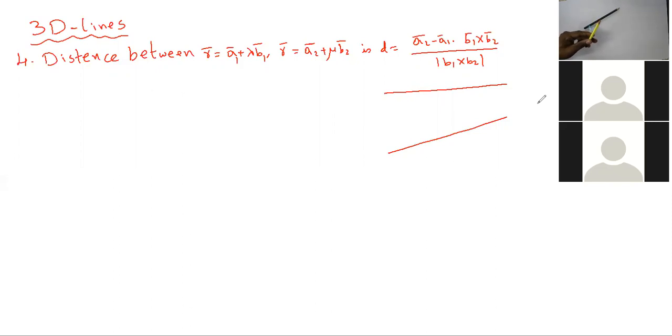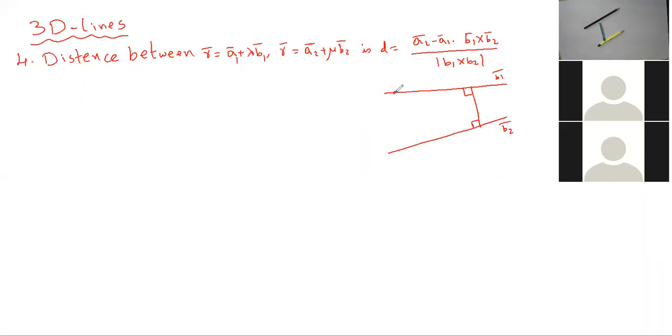Now there are 2 points given on the lines. So assume that this is the line perpendicular to both the lines. This is B1 bar and this is B2 bar.